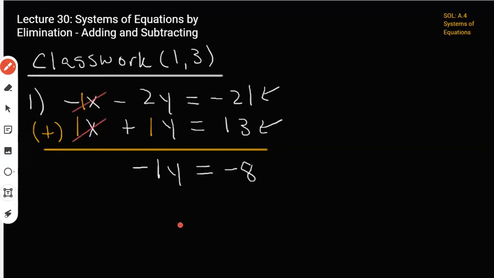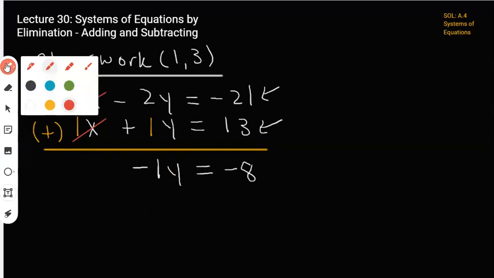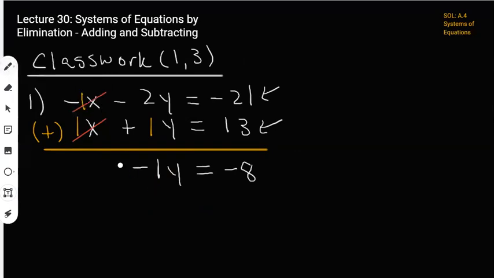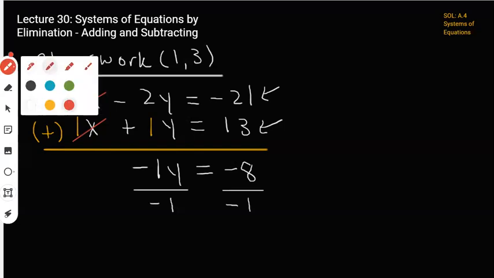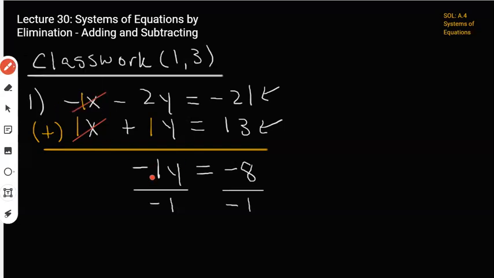And now to get y by itself, we need to get rid of this negative 1 somehow. I'm going to do that by dividing both sides by negative 1. So I'm going to divide this side by negative 1 and this side by negative 1. On the left side, the negative 1s are going to cancel out.